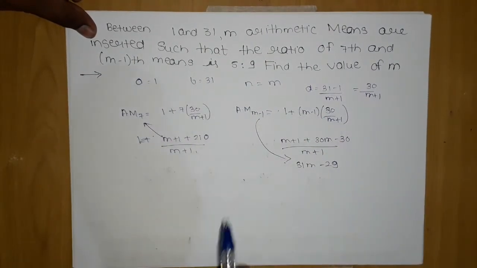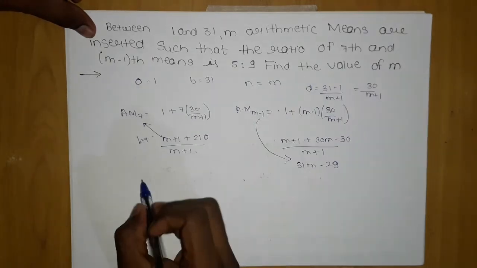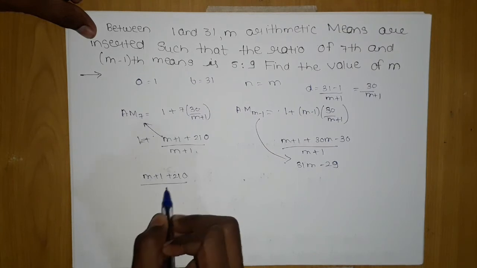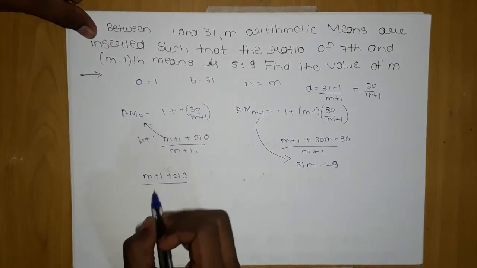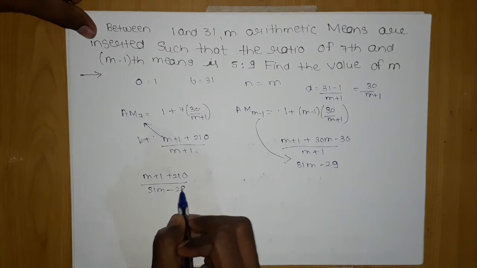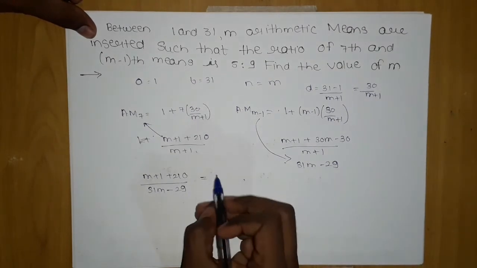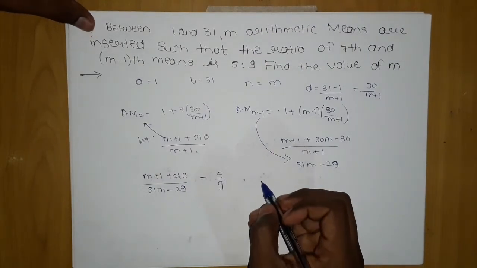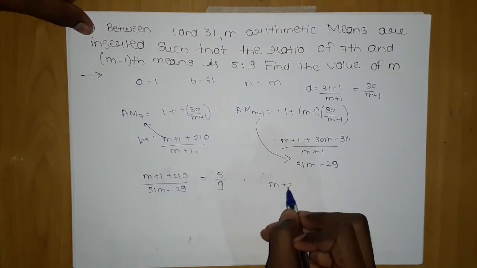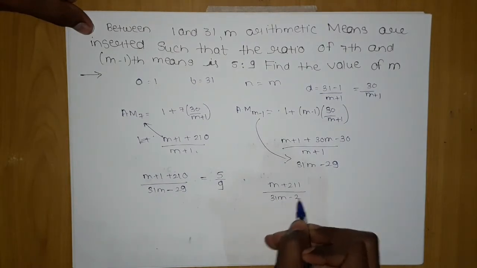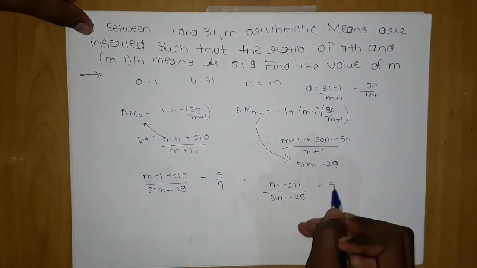So if I take the ratio of the 7th upon the (m minus 1)th, it is m plus 1 plus 210, that is m plus 211, upon 31m minus 29. M plus 1 will nullify, and this should be equal to 5 by 9. Further on, m plus 211 upon 31m minus 29 should be equal to 5 by 9.